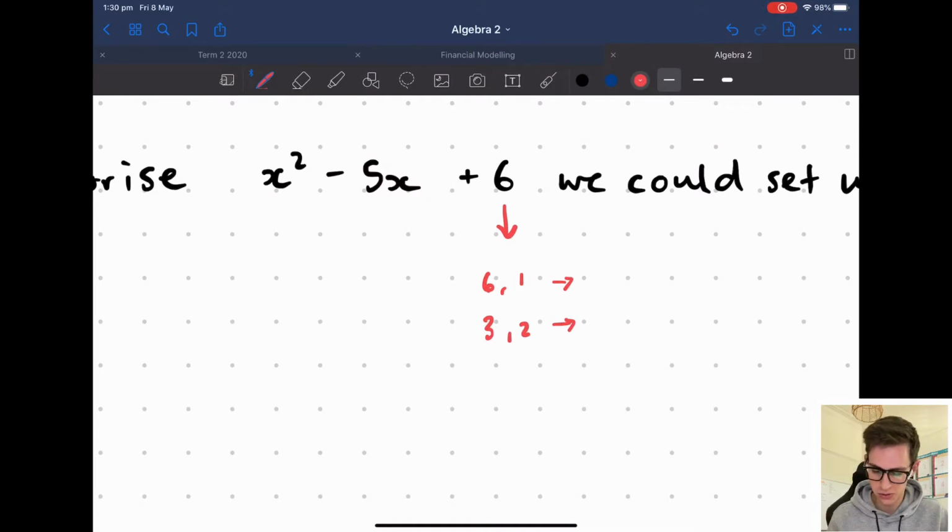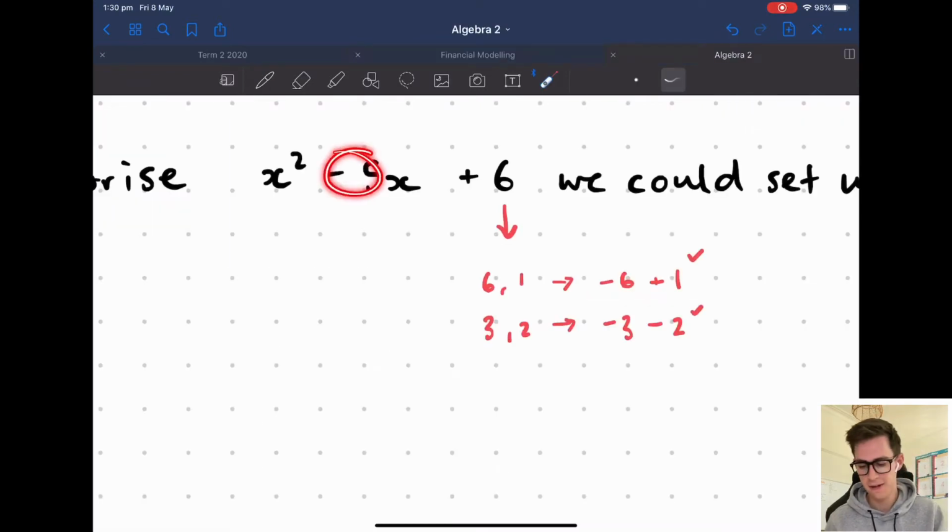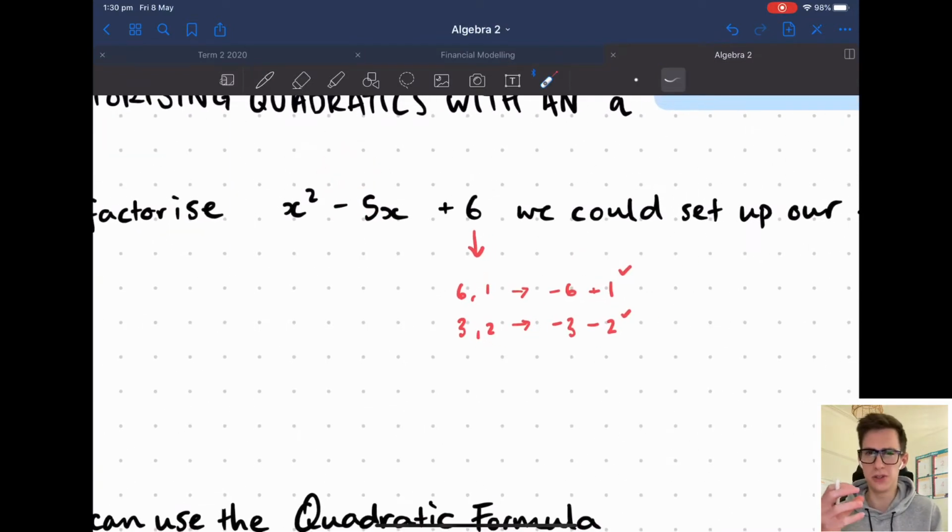I could do -6 plus 1, and that does give me -5. And I could do -3, take away 2 more. That also gives me -5. So this is a case where there are two sets of factors that actually work.